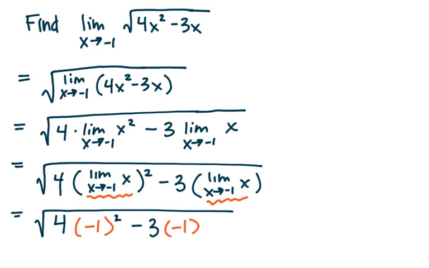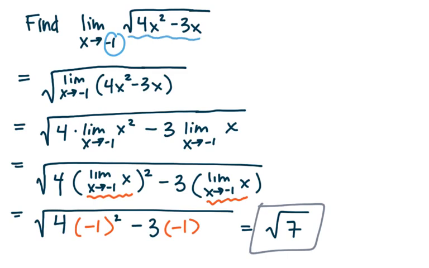Negative 3 times negative 1 is positive 3. 4 plus 3 gives us the square root of 7. Okay? So really, what did I do? If I had initially just taken that negative 1 and plugged it into my function, I would say the square root of 4 times negative 1 squared minus 3 times negative 1. That would give me root 7.